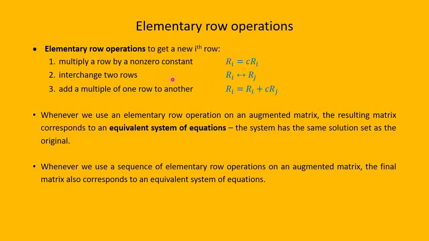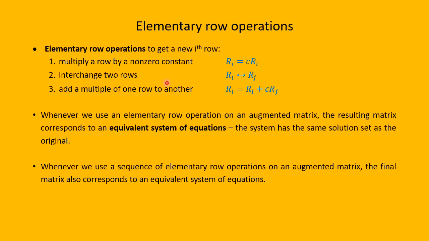We can also interchange two rows. We can interchange the ith and jth rows. We use a double arrow for this to represent the fact that we're interchanging or swapping two rows. We can also add a multiple of one row to another. We could take the ith row plus a constant times the jth row and store that as the new ith row.